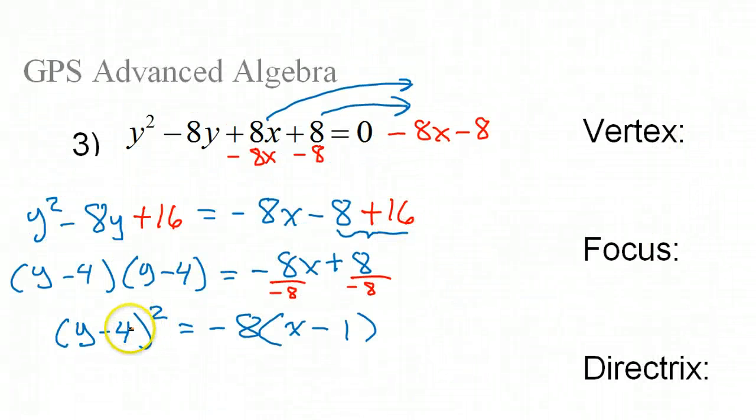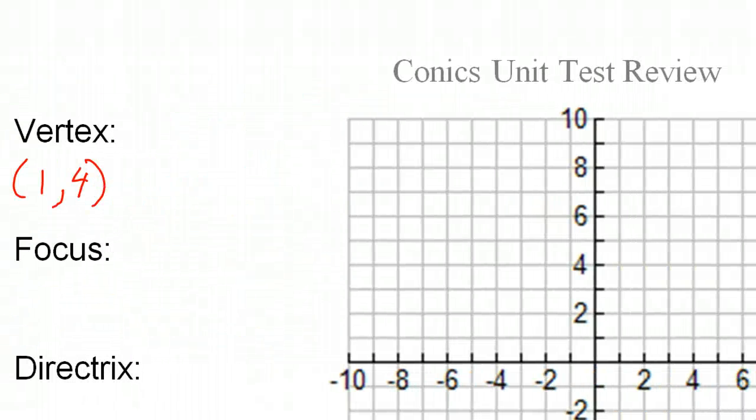The vertex is going to be the opposite of this and the opposite of that. Be careful, obviously we still want the x coordinate to come from the x part of this equation. So I'm going to start by doing the opposite of this and putting a 1 first, for x, and then the y comes second. So it would be 1, 4, opposite, opposite. So there's my vertex. Let's go ahead and graph that.